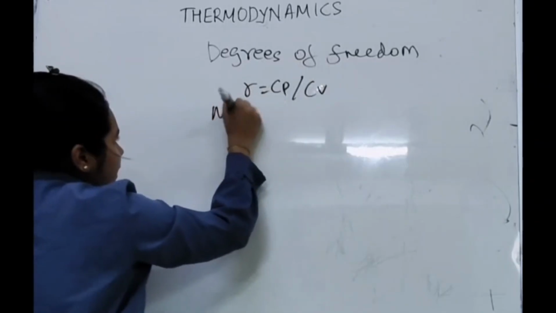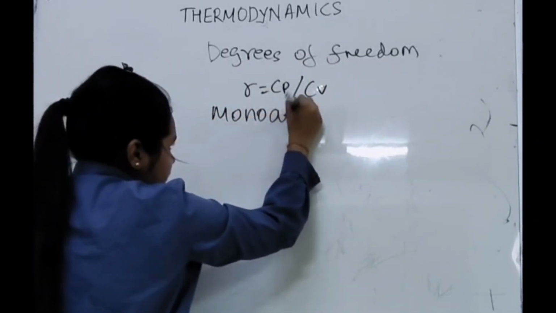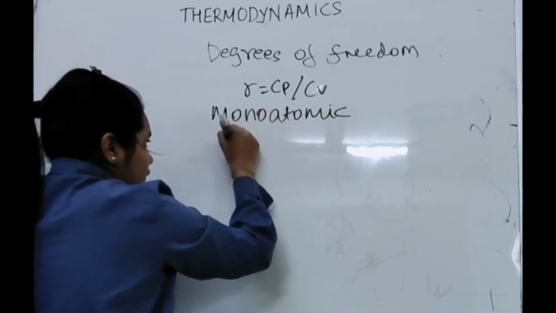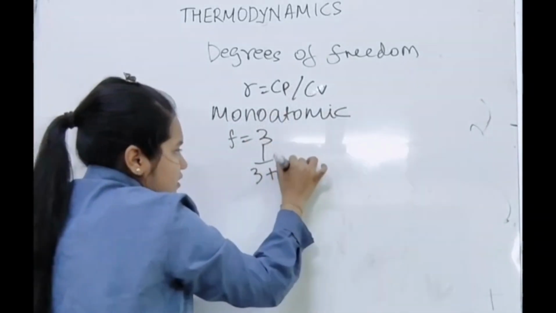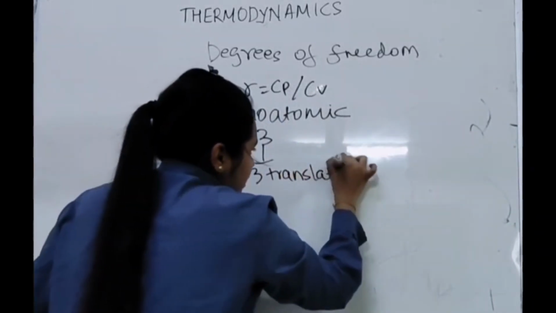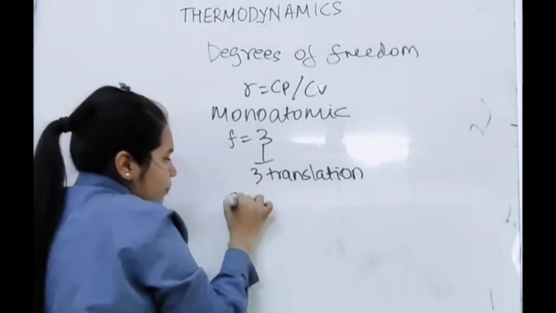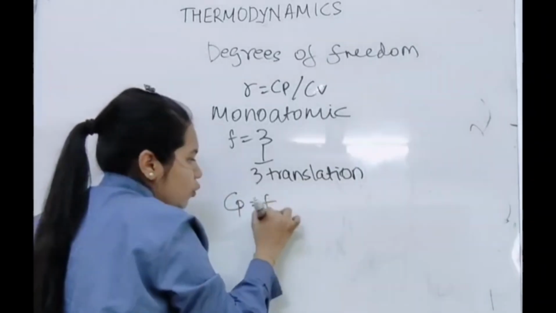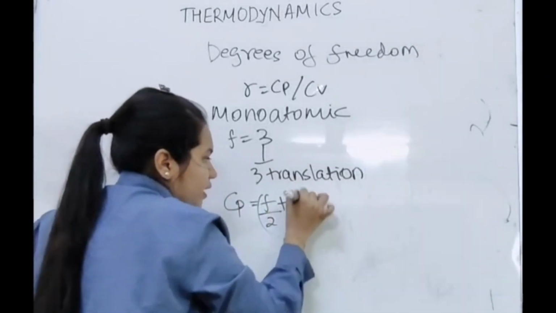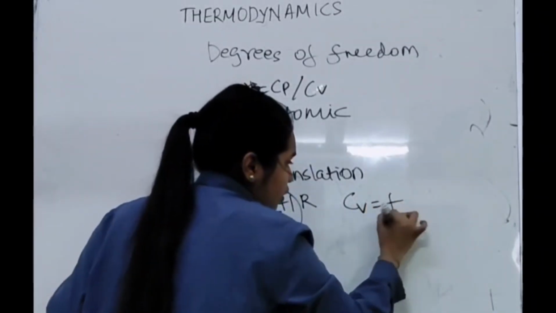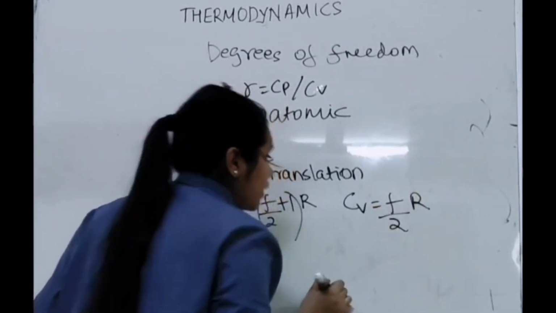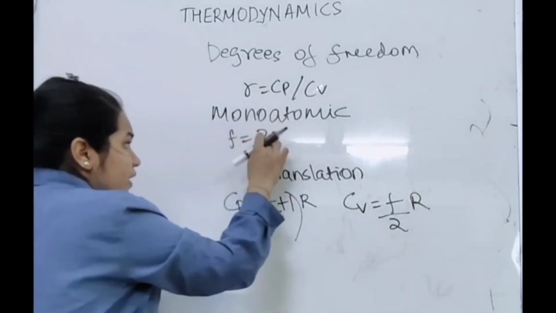For monatomic, the degrees of freedom is 3 because there are only 3 translational. You have to know the formula: Cp equals (F by 2 plus 1) into R, and Cv equals F by 2 R. Now we know the degrees of freedom is 3.